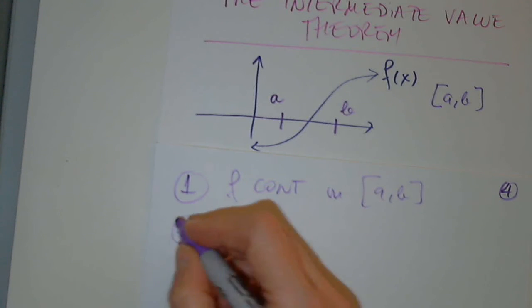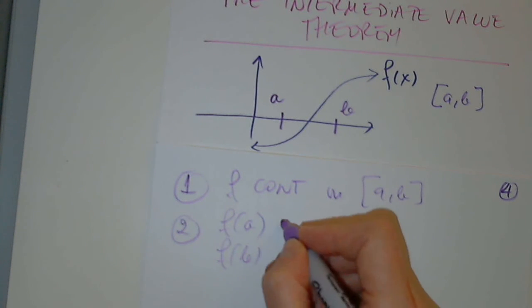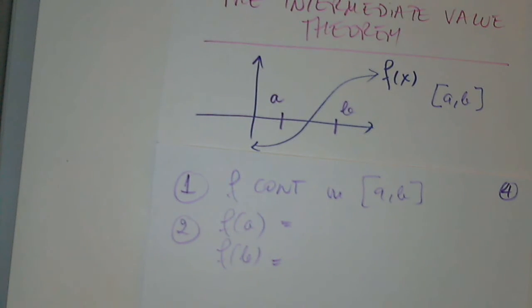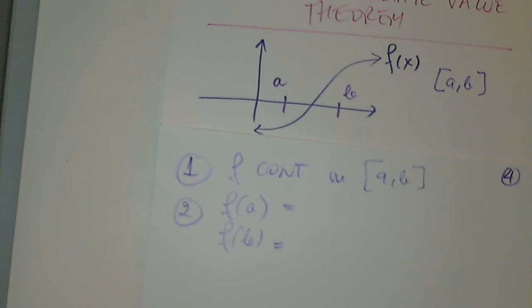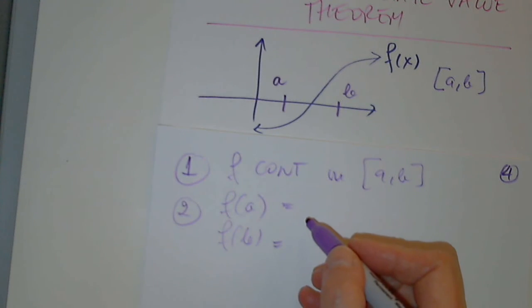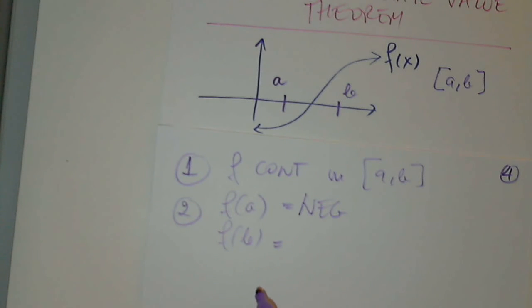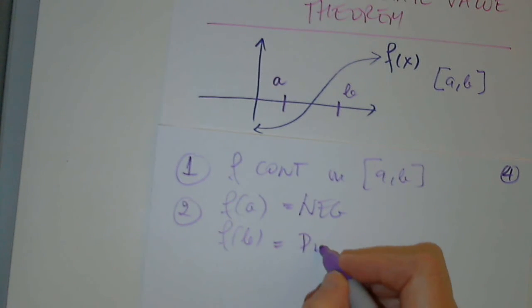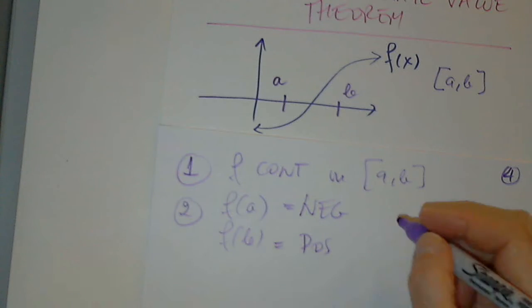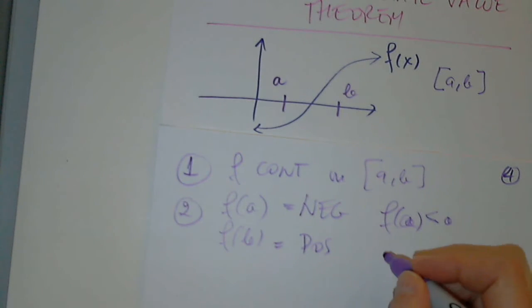And I noticed, according to the graph, that f of a and f of b are what types of numbers? f of a will be negative, and f of b will be positive. So we normally write that f of a is less than 0 in this case, and f of b is greater than 0.